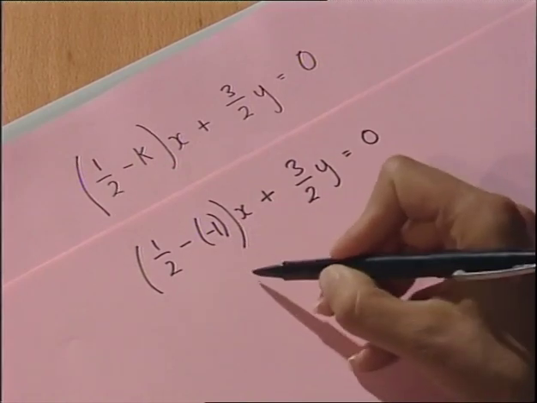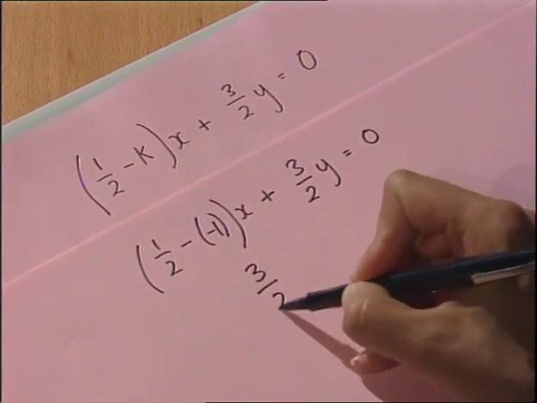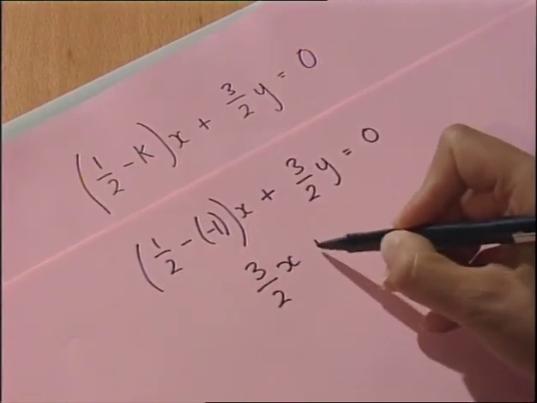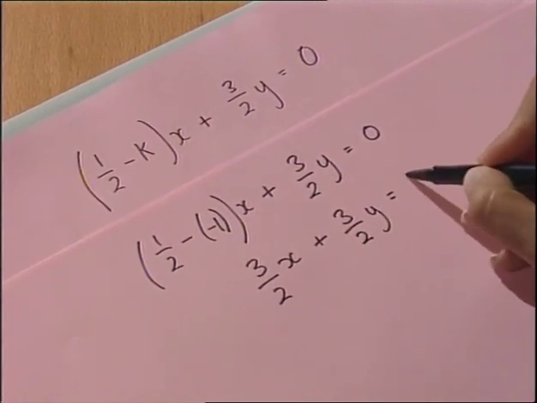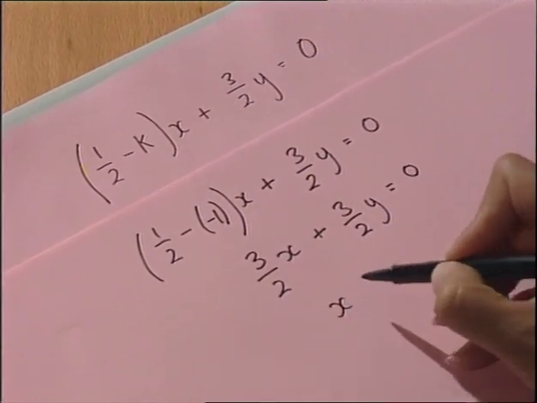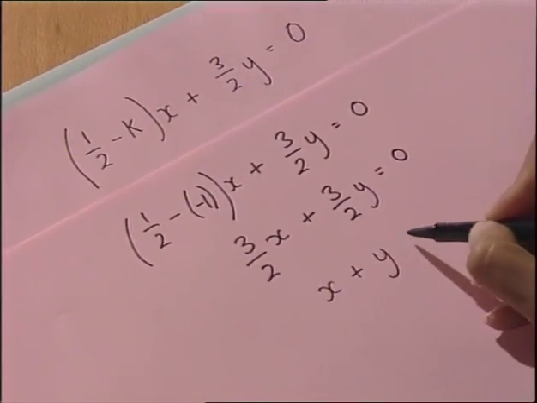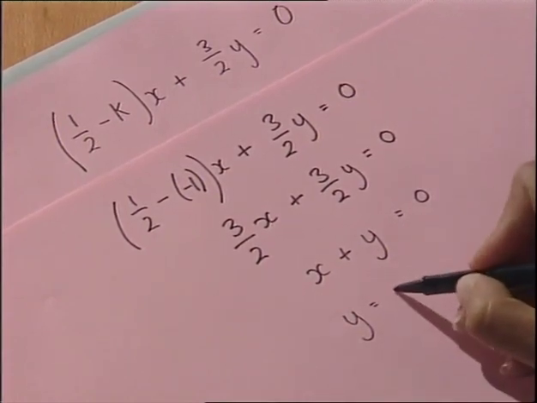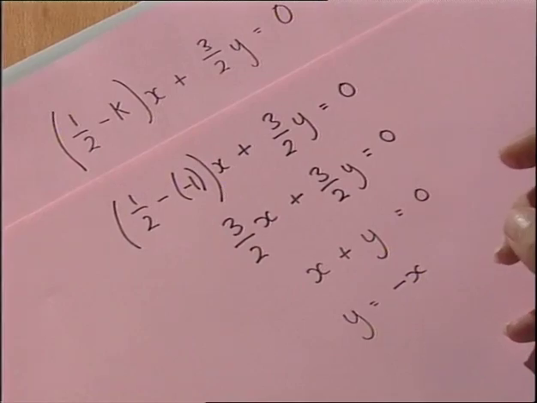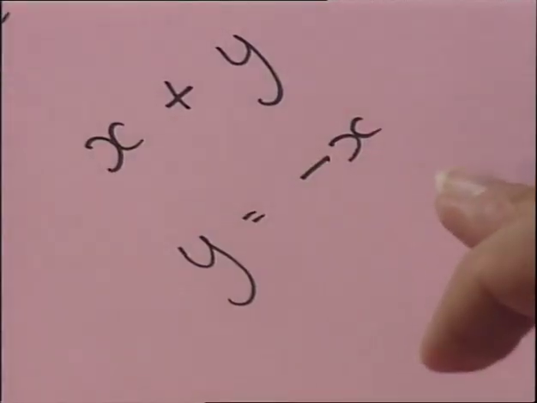So that is positive 3/2 x plus 3/2 y equals 0, which is just x plus y equals 0. So y equals -x. Now, the eigenvalue, or the stretch factor, is -1, and the eigenline is y equals -x.